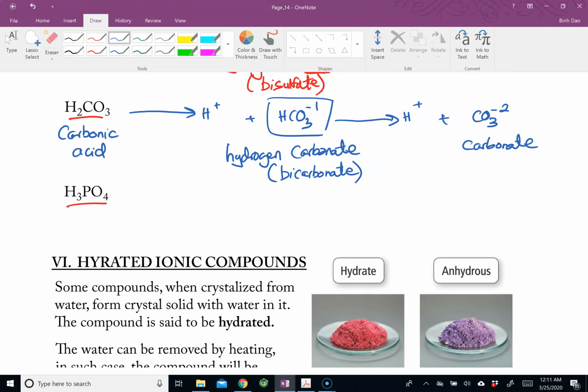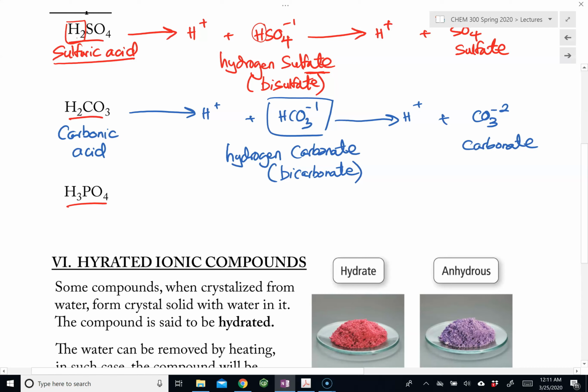And moving on to this next example. H3PO4. This is phosphoric acid. Phosphoric acid is a triprotic acid, meaning it can give up to 3 protons. And again, these 3 protons do not fall off at the same time, but one after the other. So when we take this and dissolve in water, it will break apart to produce the first proton. And the remaining of this will become H2, we have 2 hydrogens left with PO4, and now its charge will then be -1.